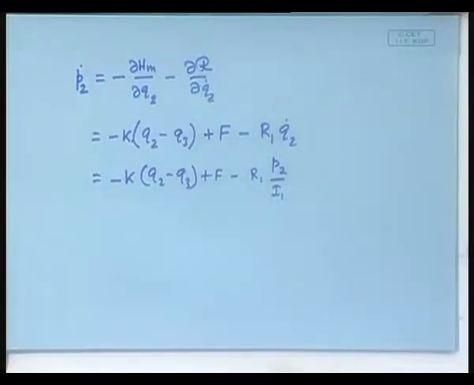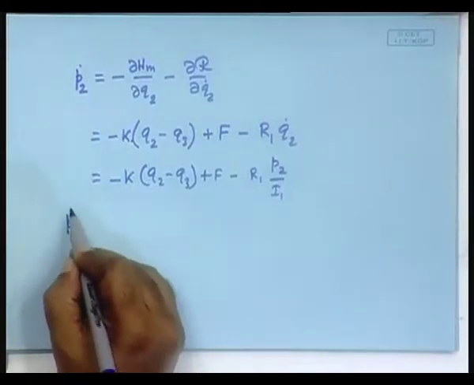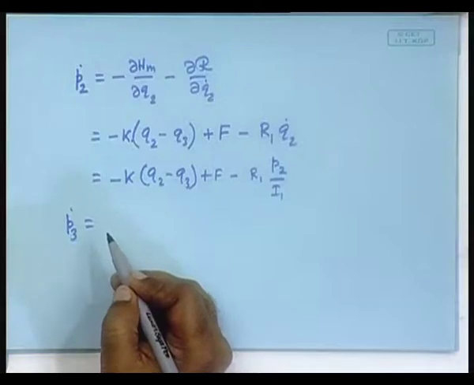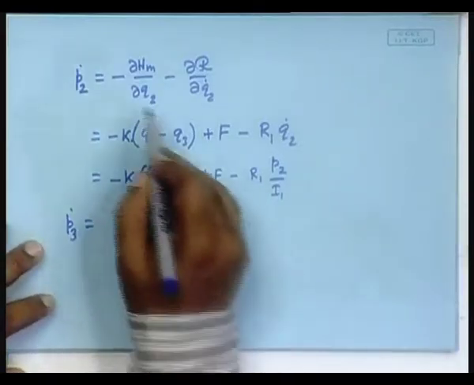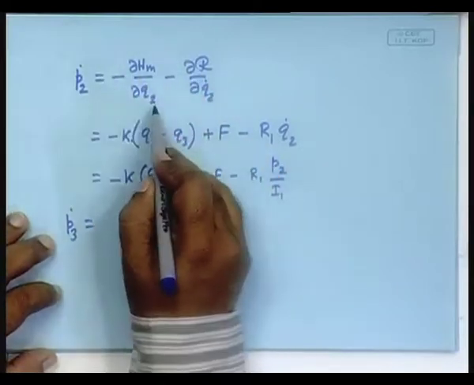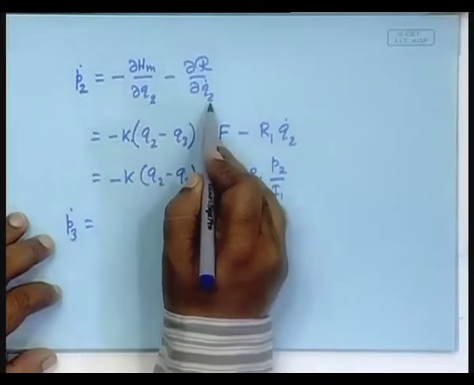Fine. Okay. The next equation would be P3 dot is what? Again just use this with 2 substituted by 3.